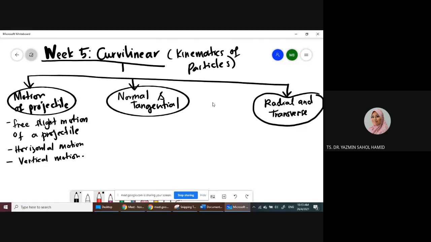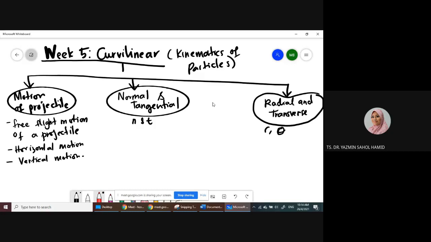So normal and tangential is N and T. Radial and transverse is theta and R. So these are the components that you need to decide on to solve your curvilinear questions.